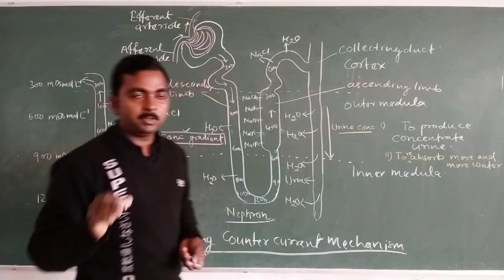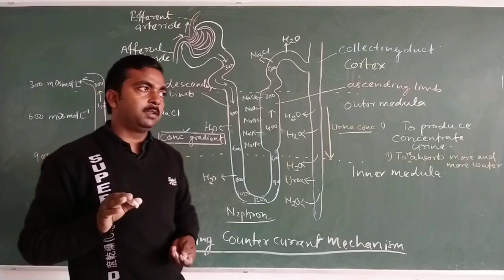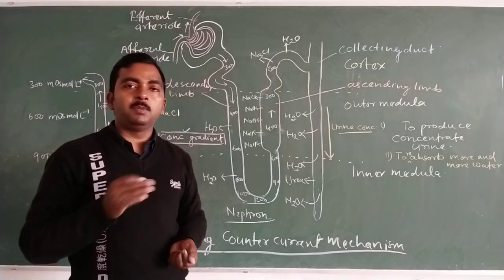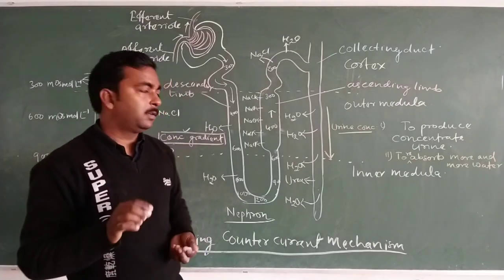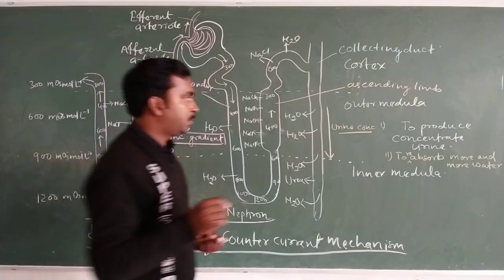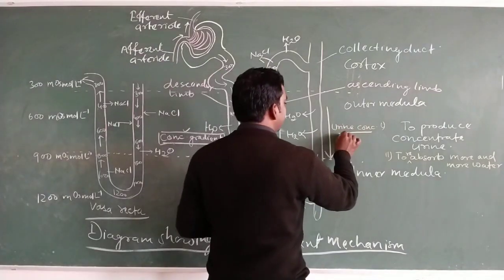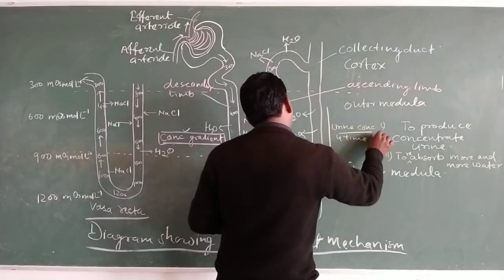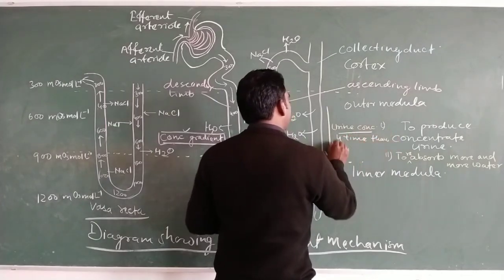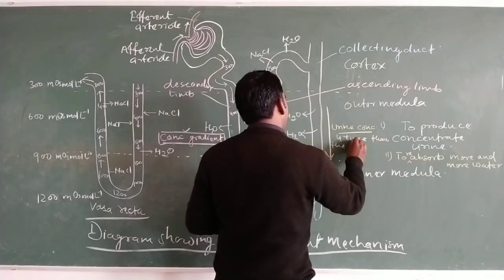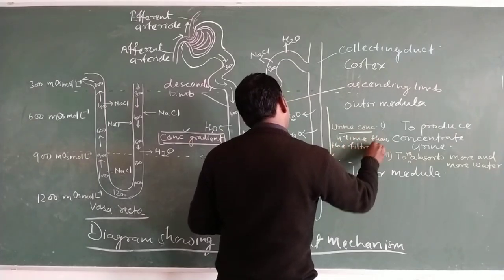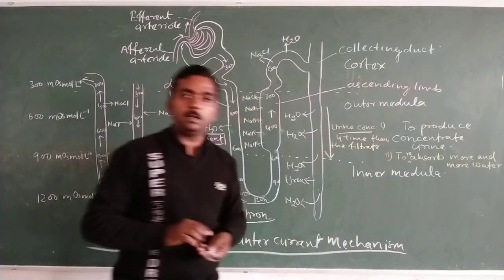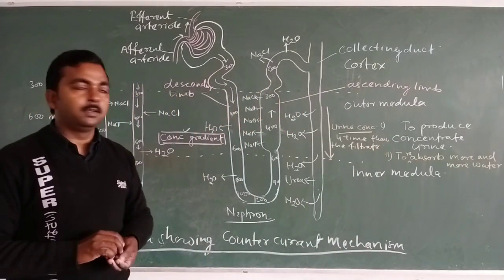As we understood from the previous lecture, the urine is concentrated four times compared to the filtrate after ultrafiltration.